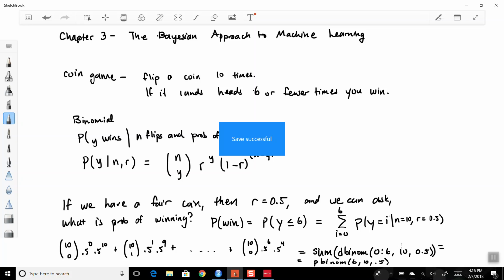Does that fit? Are you guys able to read that? So dbinom is the density or the probability mass function, and then pbinom is the cumulative probability, so it adds up everything from 0 up to the value you provided, in this case 6.